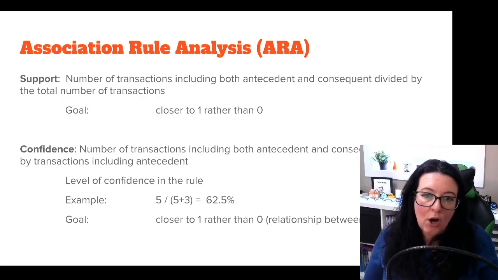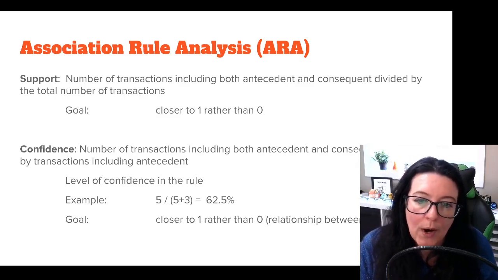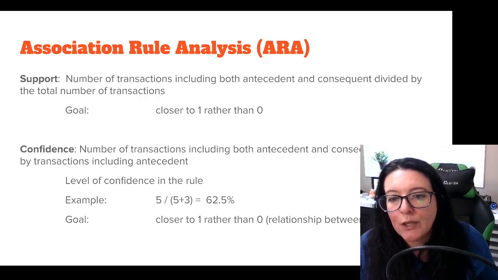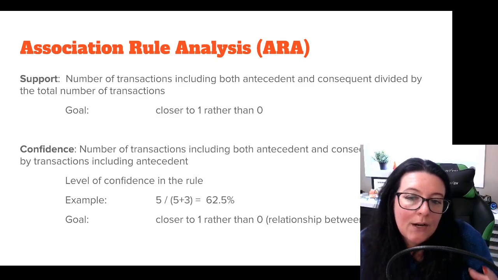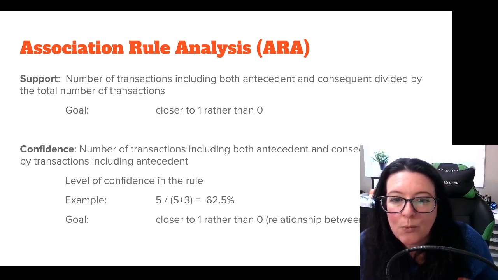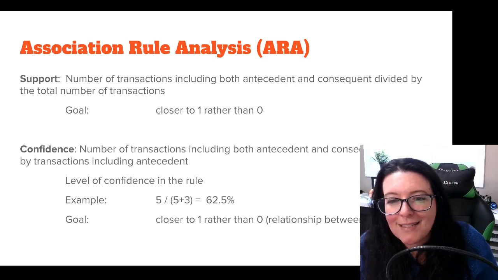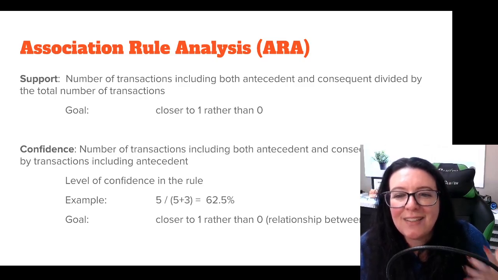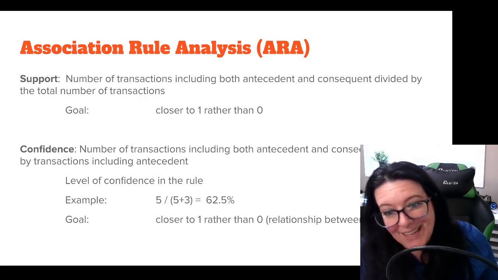When it comes to the confidence that we have in our rule, we want it to be closer to 1 rather than 0. So we're looking at the relationship between the events. A higher number is better because if you really want to be able to say if they buy shampoo, then they're going to buy conditioner, you can't have a lot of times where they bought shampoo but didn't buy the conditioner.